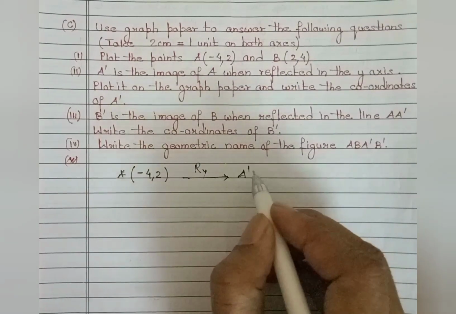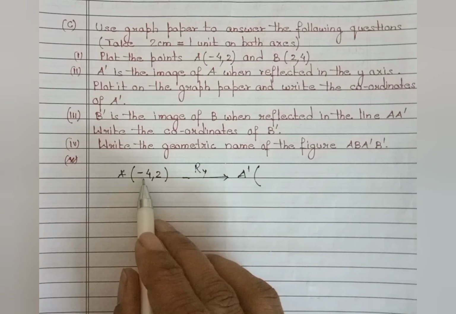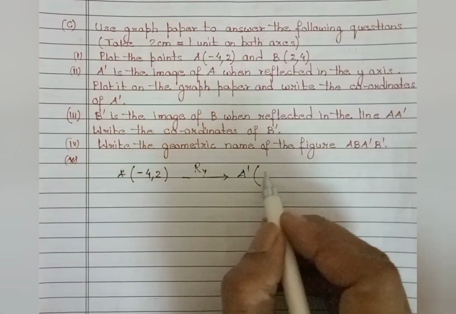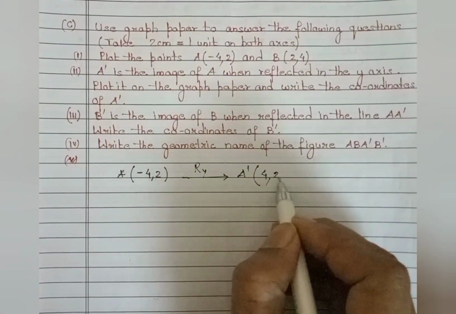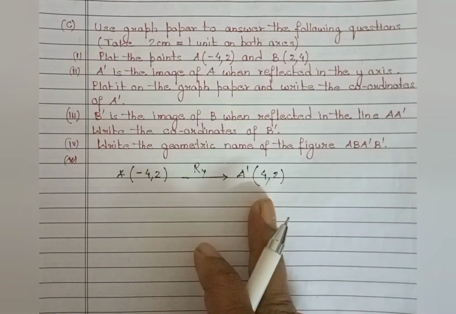So we will be getting A dash. Reflecting a point in the y-axis means the sign of the x coordinate will change, and y remains as it is. So A dash will be 4 comma 2.